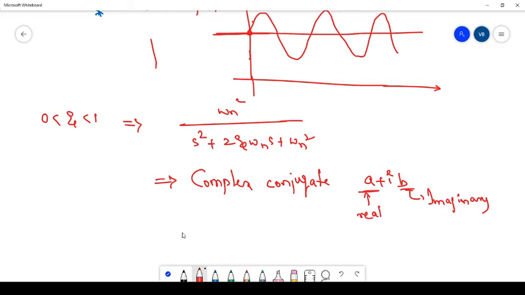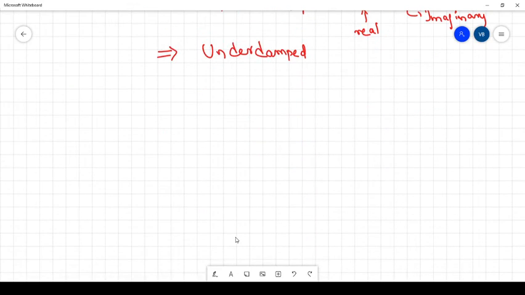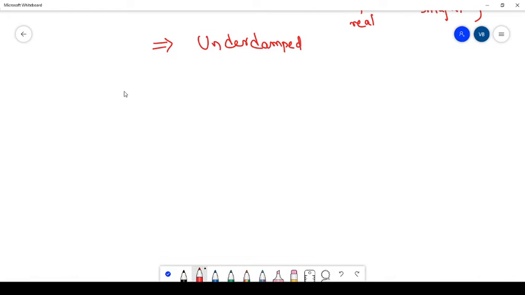So the response of this particular system whenever zeta is in between 0 and 1 is called an underdamped system response. Underdamped system response is nothing but, first it will oscillate, and then after some time it will settle in a particular band like this. I'm going to draw the graph.